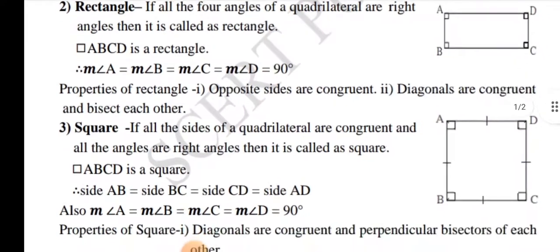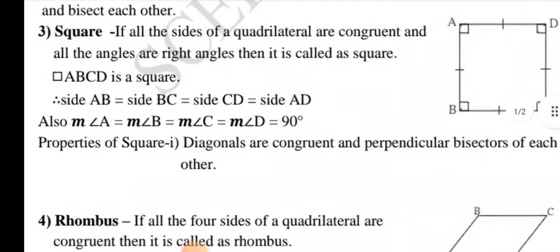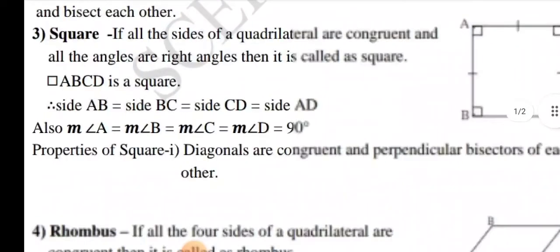Now the third type of quadrilateral is square.